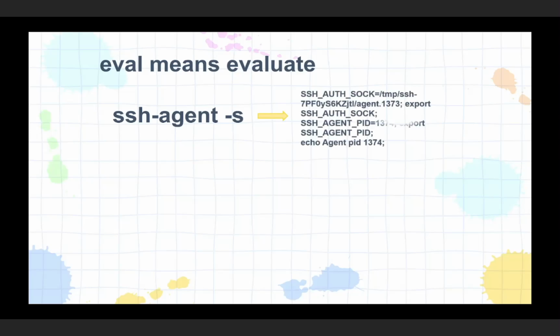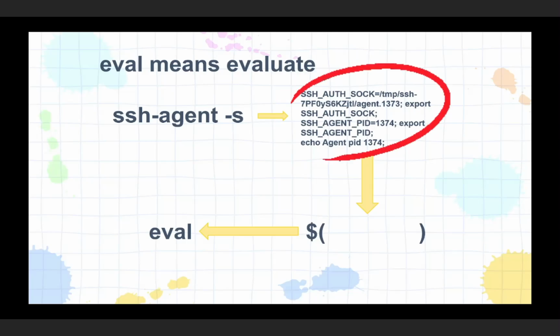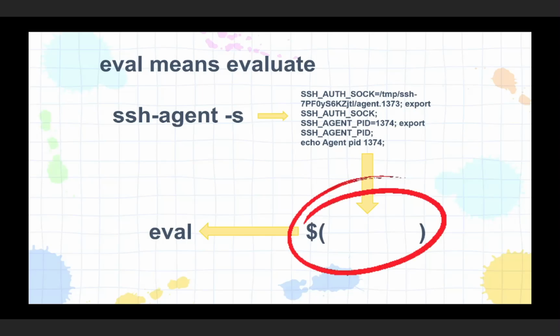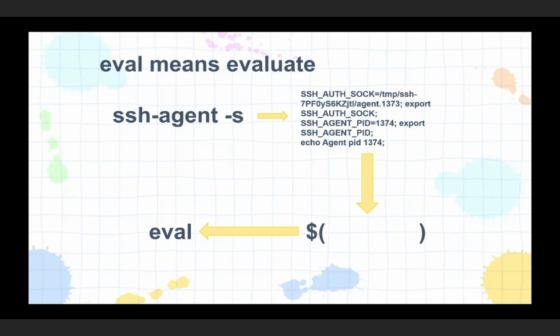You can think of it like this. Hey shell, run a command inside here and take its result, like the printed text, and use that in the bigger command. So in this case, ssh-agent -s prints out some important setup instructions. The command substitution captures that printed text. eval then runs these instructions.